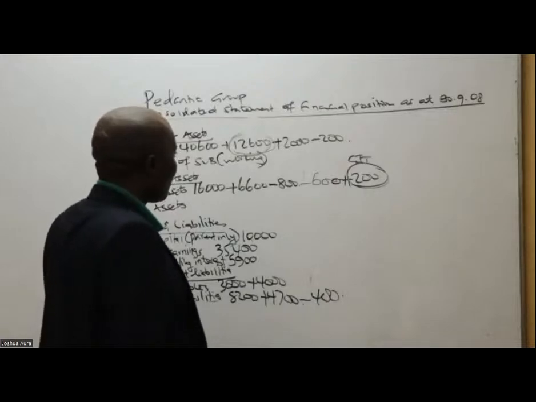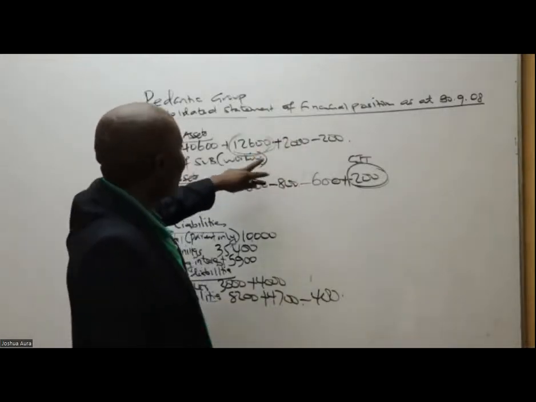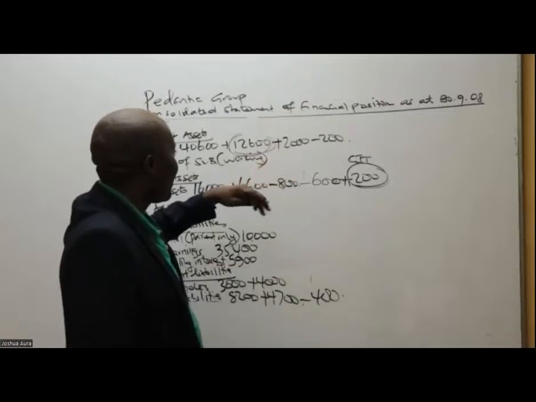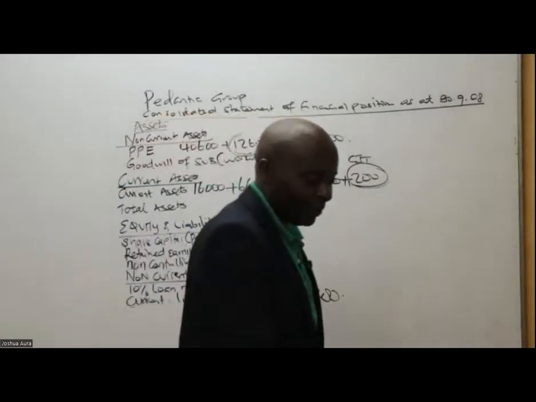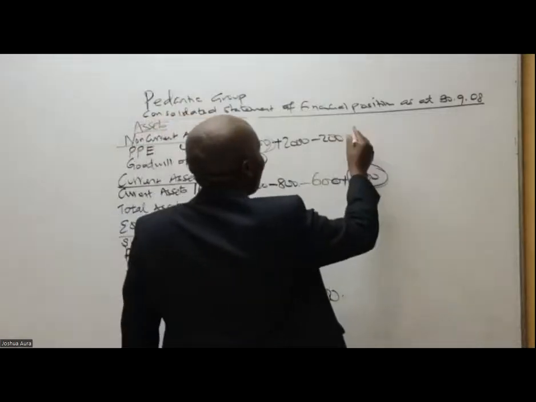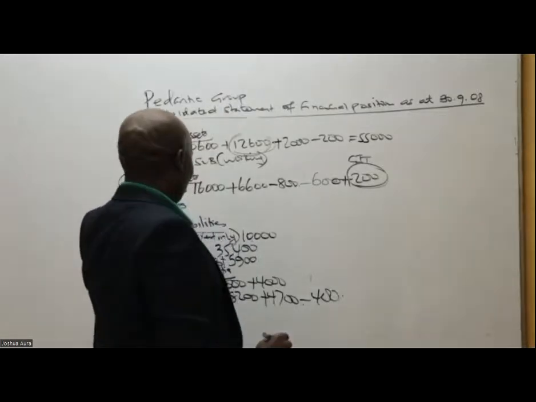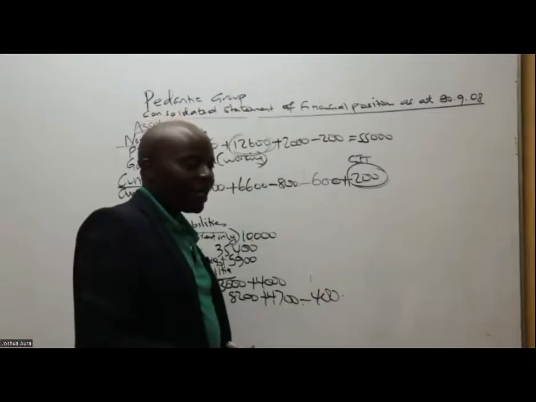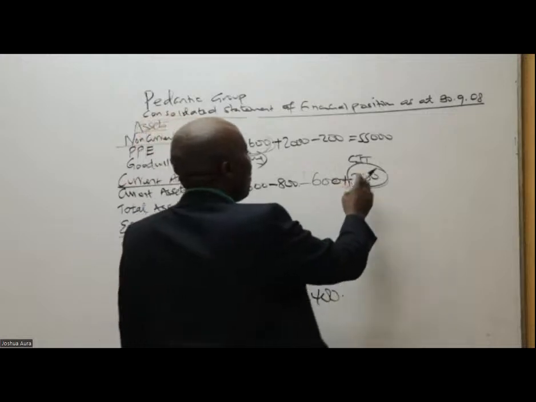Before the working, because I would want to create some space, give me these answers first. PPE, Jackie says it is 55,000. Okay. Current assets, who has the figure? Current assets 21,200.